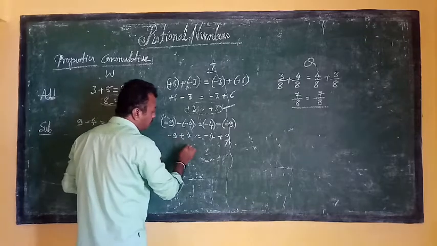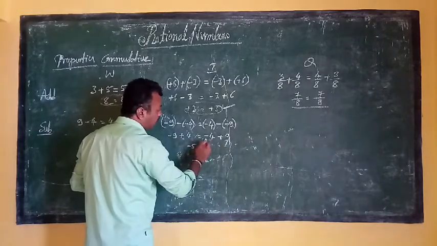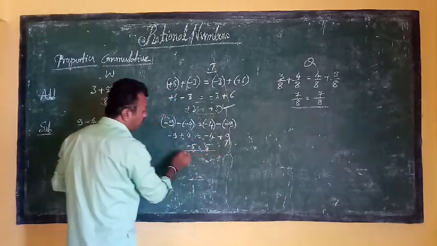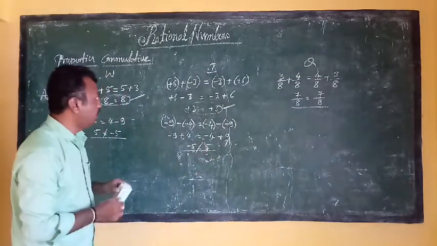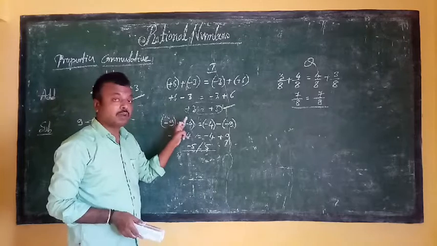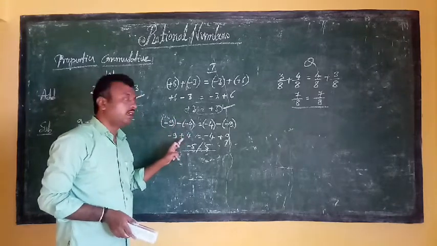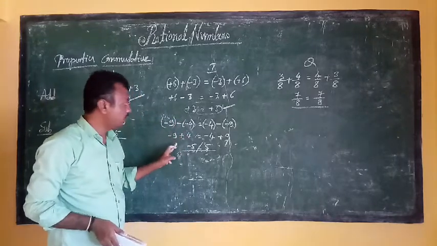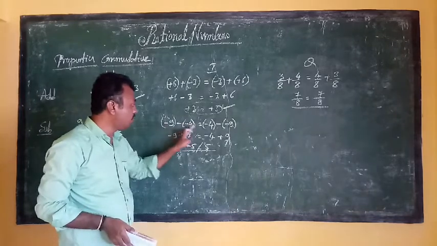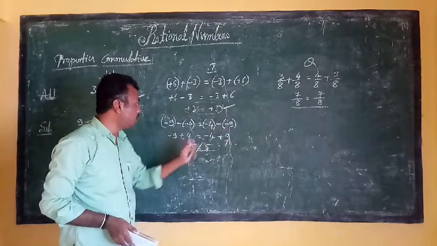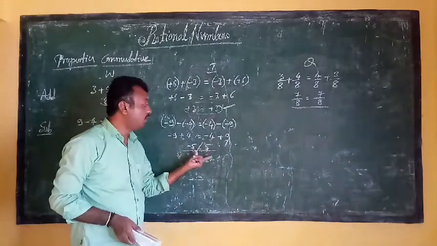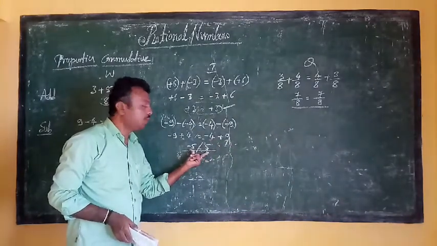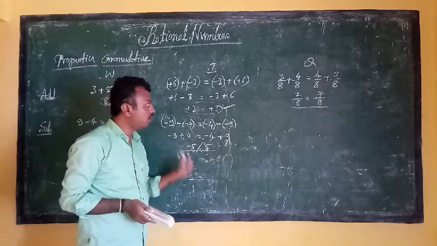Minus 9 plus 4 becomes minus 5, and minus 4 plus 9 becomes plus 5. Therefore the resulting number does not remain the same. So the commutative property does not hold under subtraction of integers. Here the result is minus 5, there plus 5, so it is not satisfied.